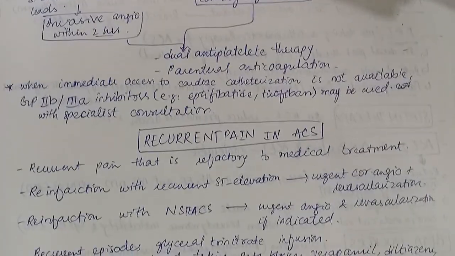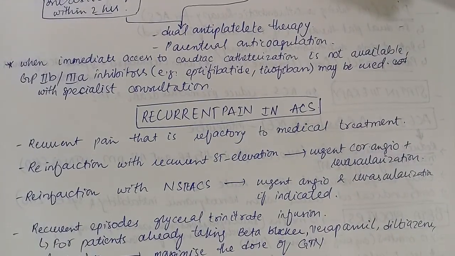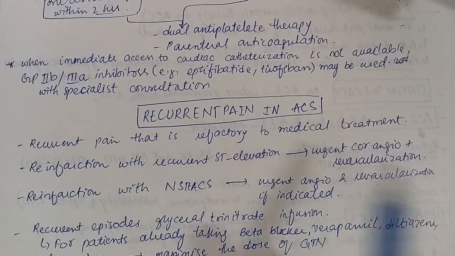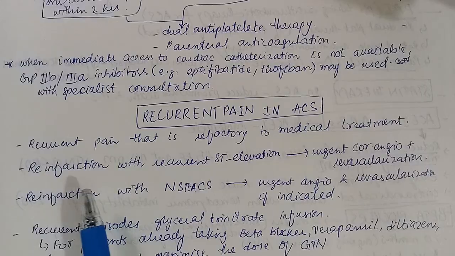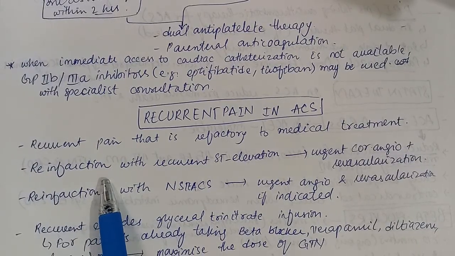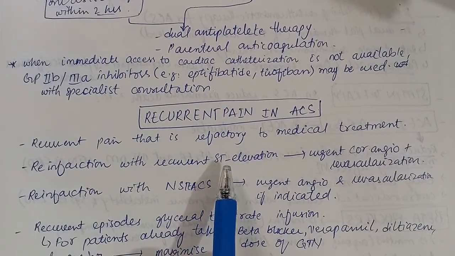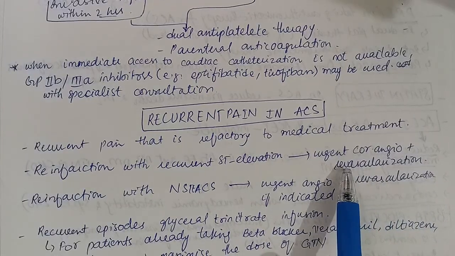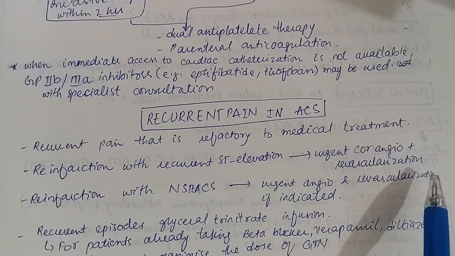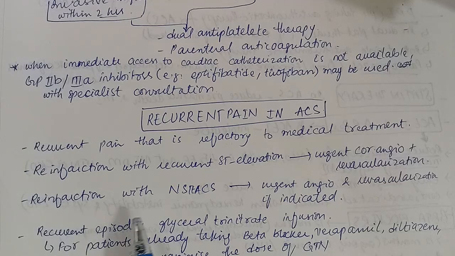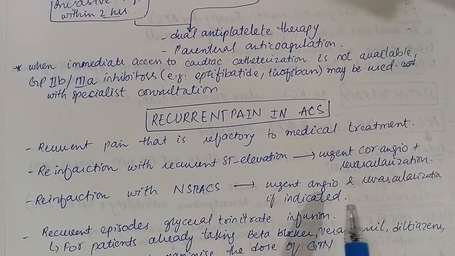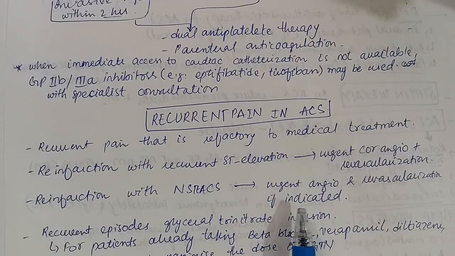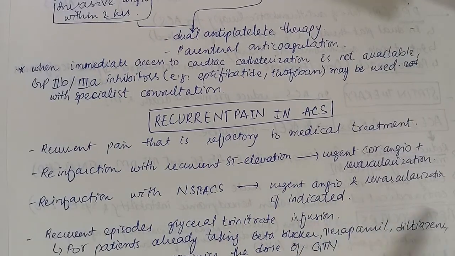Now we have recurrent pain in acute coronary syndrome. Recurrent pain that is refractory to medical treatment can signify reinfarction with recurrent ST elevation, and then urgent coronary angiography and revascularization is indicated. Reinfarction with non-ST elevation acute coronary syndrome also needs urgent angiography or revascularization.